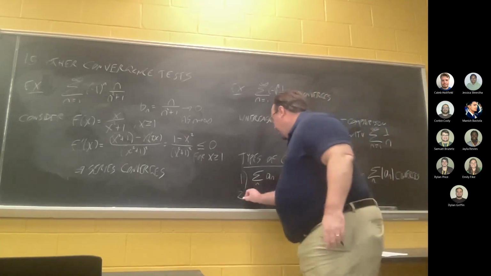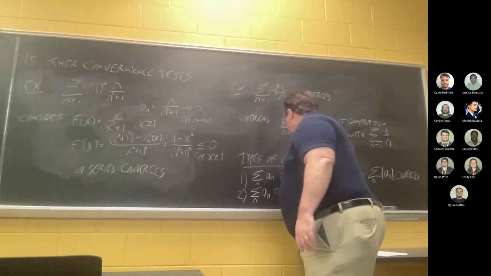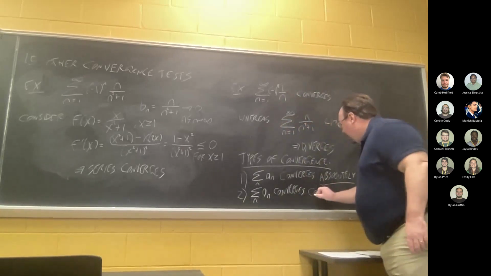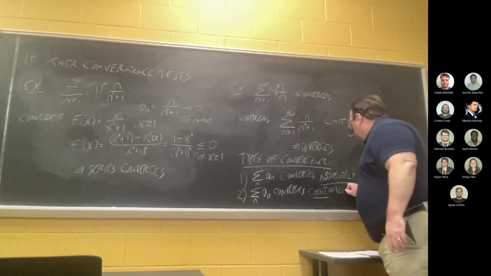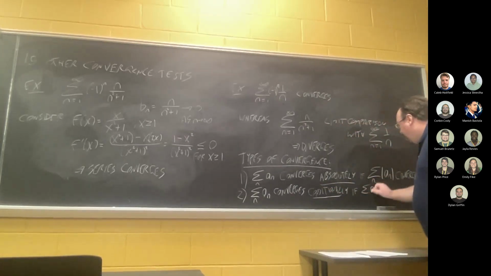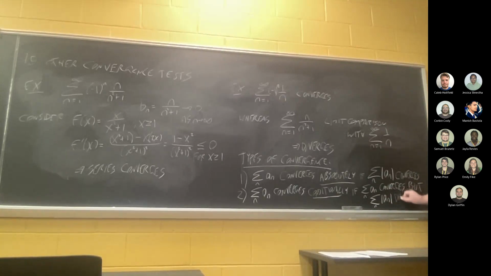The other kind is called conditional convergence. A given series converges conditionally if the series by itself, as written, converges, but if you take the absolute value of all the terms, that series diverges.